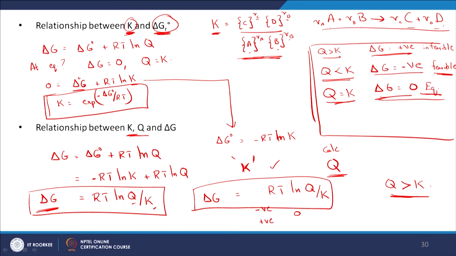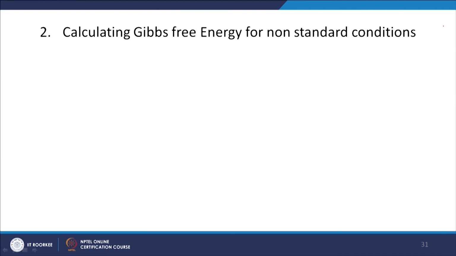So let us try to summarize what we have looked at so far and then wrap it up for this session. So I believe we started talking about the calculation of the relevant Gibbs energies at non-standard conditions. In the previous classes we talked about how to calculate at standard conditions. And how did we calculate that at the standard conditions?